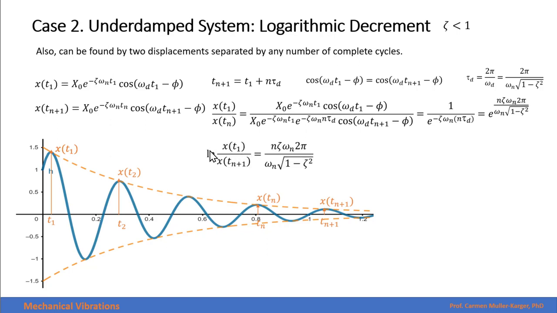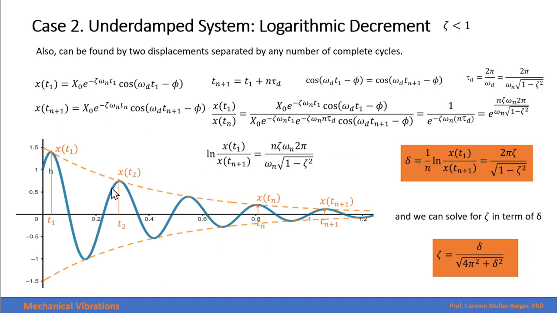Here, when we have the logarithm of x t1 divided by x t n plus 1, we have this expression multiplied by n. So when we do not use two consecutive periods but periods separated by n cycles, then we can calculate the logarithmic decrement as 1 over n times the logarithm of the two displacements, and it will be equal to the same expression. And in this case, we can also solve for zeta in terms of the logarithmic decrement.